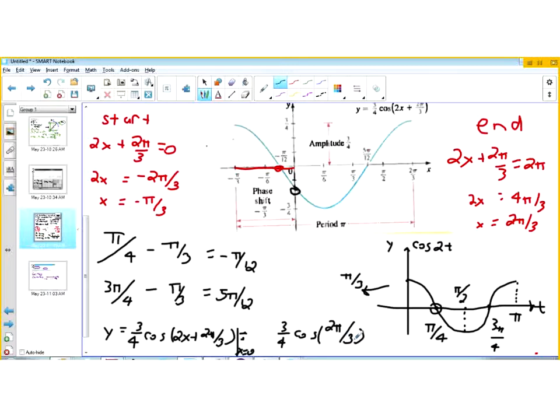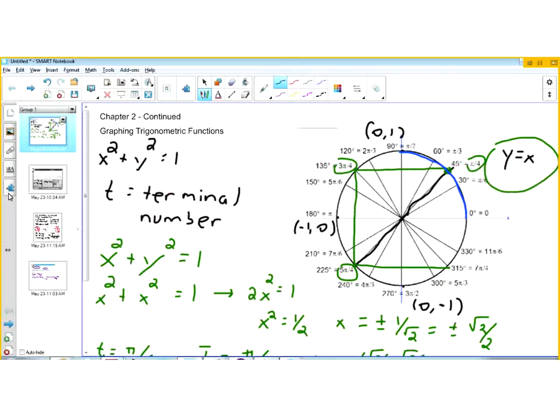Okay, and so what is the cosine of 2 pi over 3? All right, so one way is, I think you can look here. 2 pi over 3 is right here. You have to find the abscissa of the terminal point for t equals 2 pi over 3.